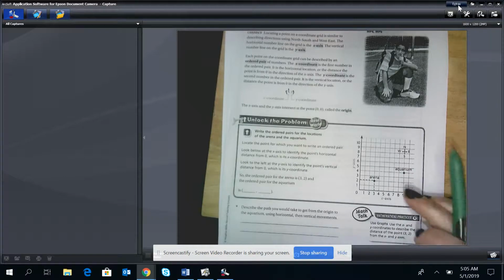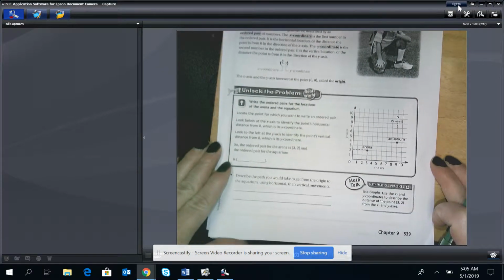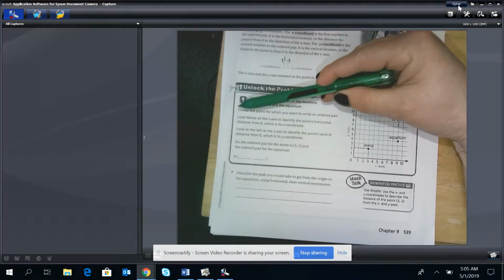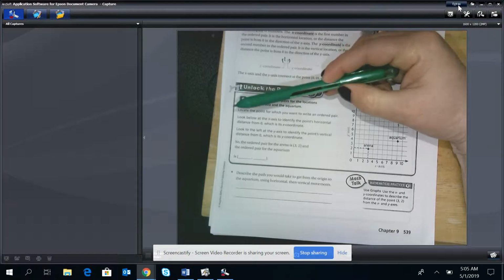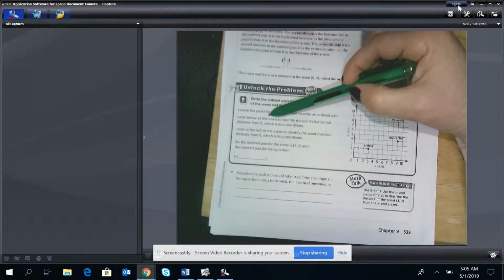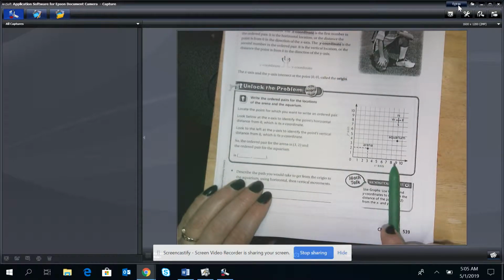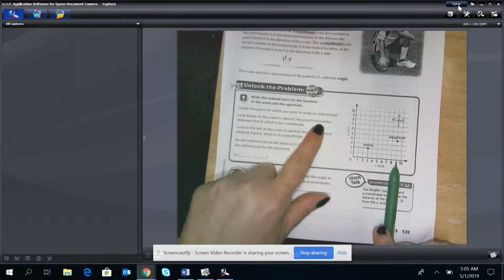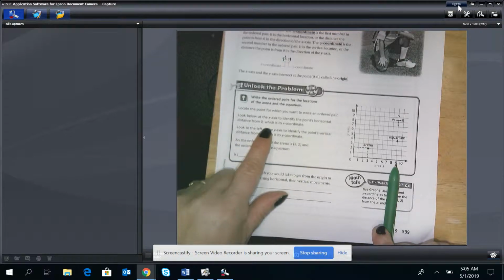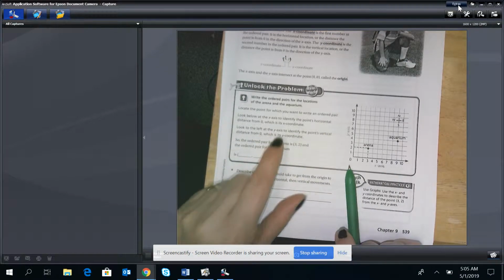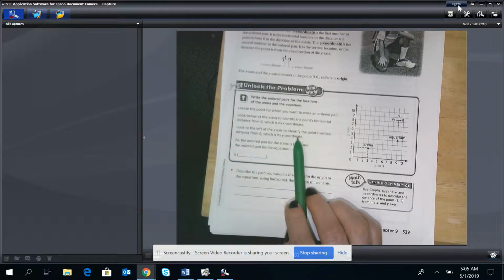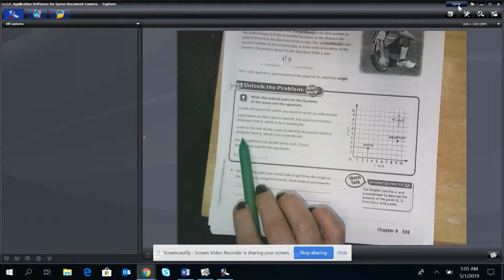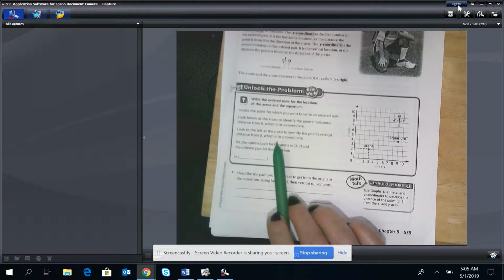All right, so let's go down here a little bit. It says, locate the point for which you want to write an ordered pair. Look below at the x-axis and identify the horizontal distance from 0 to the x-coordinate. Look to the left at the y-axis to identify the distance from 0.